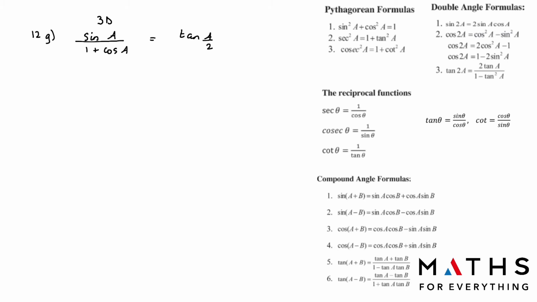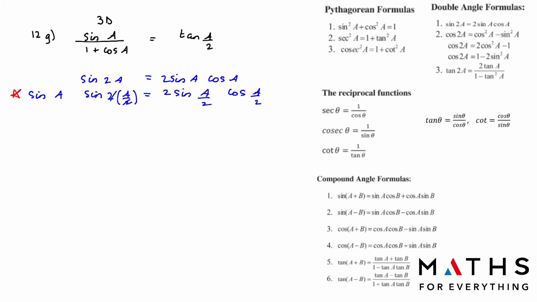Why don't you memorize that whenever you know that sine 2A is equal to 2 sine A cos A. So if you have sine A, that is equal to 2 sine A over 2 cos A over 2. Because we replaced our A with A over 2 and the 2 gets cancelled. That's how we got sine A.